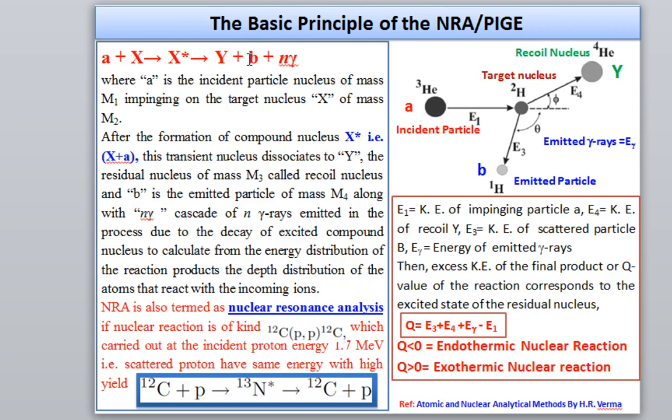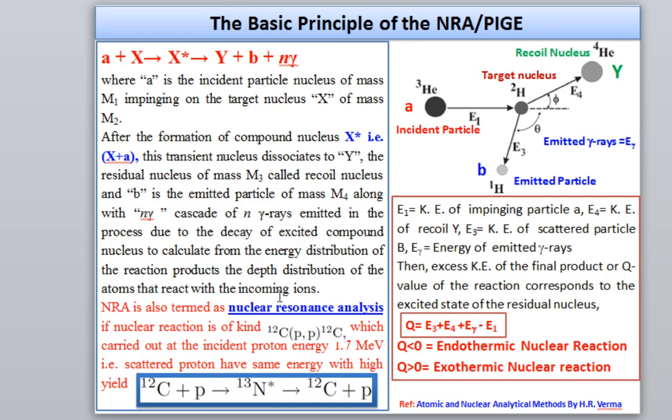And this nuclear reaction analysis technique is sometimes also called nuclear resonance analysis. If the charged particle is falling on the sample, the target, and after the reaction the same particle is emitted and the same nucleus comes out, then that is known as nuclear resonance.